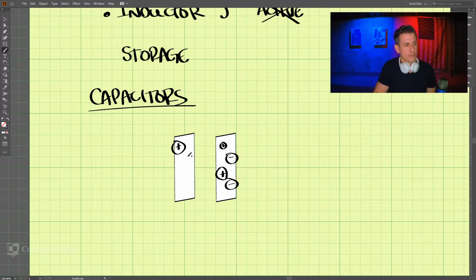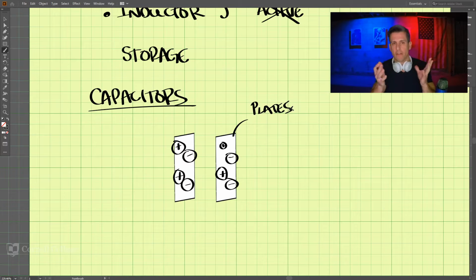And the same goes for this one, negative and positive. And these are plates, so just metal, they can be aluminum, copper, anything. And then there's a little bit of space separating those two plates.